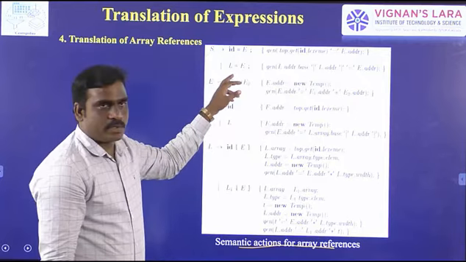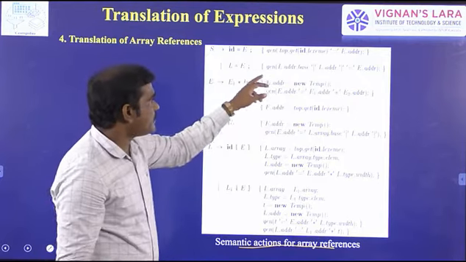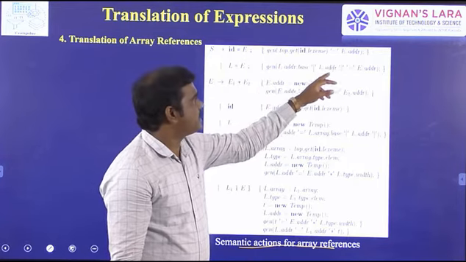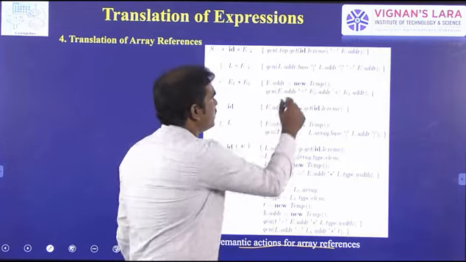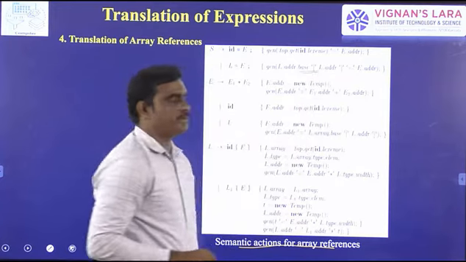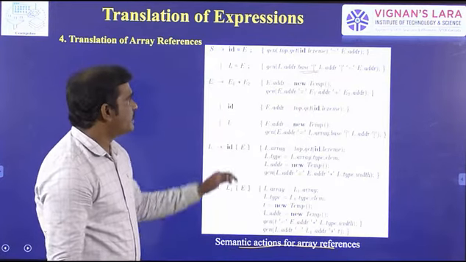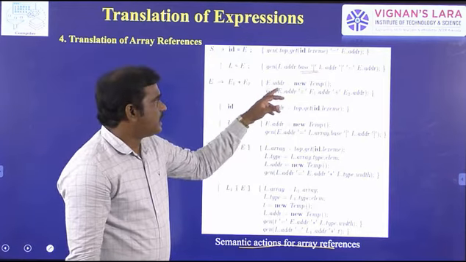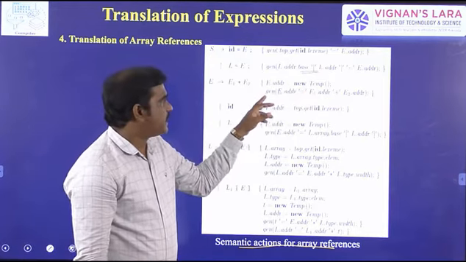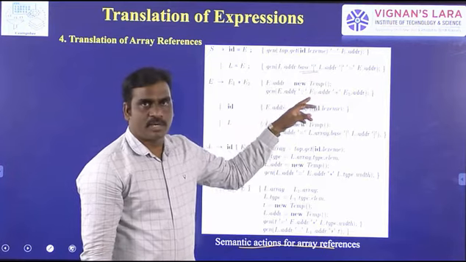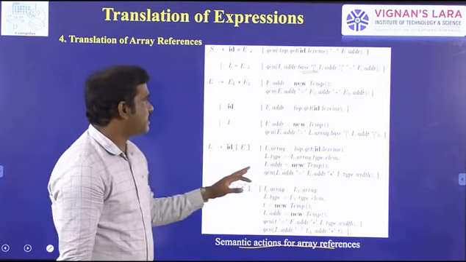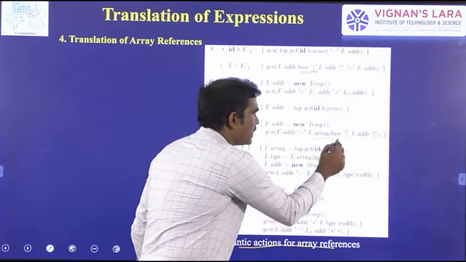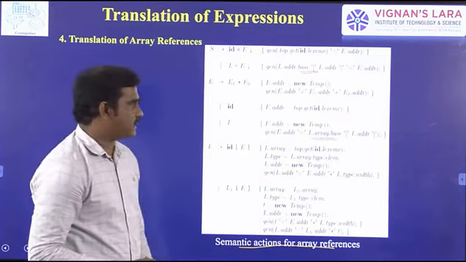Next one, L = E. Then generate L.address, the base address, equal to E.address. In this case you use base because it is an array representation. Next one, E → E1 + E2, almost the same: new temporary, generate E.address = E1.address + E2.address. id is almost the same, and L is the same, but here you write the array base address.